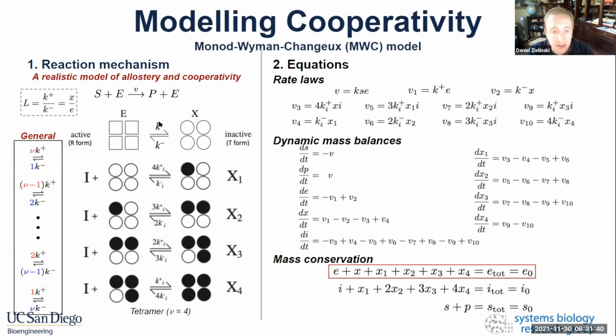And it's a steric change in the shape of the conformation of the enzyme, such that it's always bouncing back and forth at some rate between the active form that can catalyze the reaction and the inactive form that cannot. Now, the basis for this model is saying an inhibitor can only bind to the inactive form.